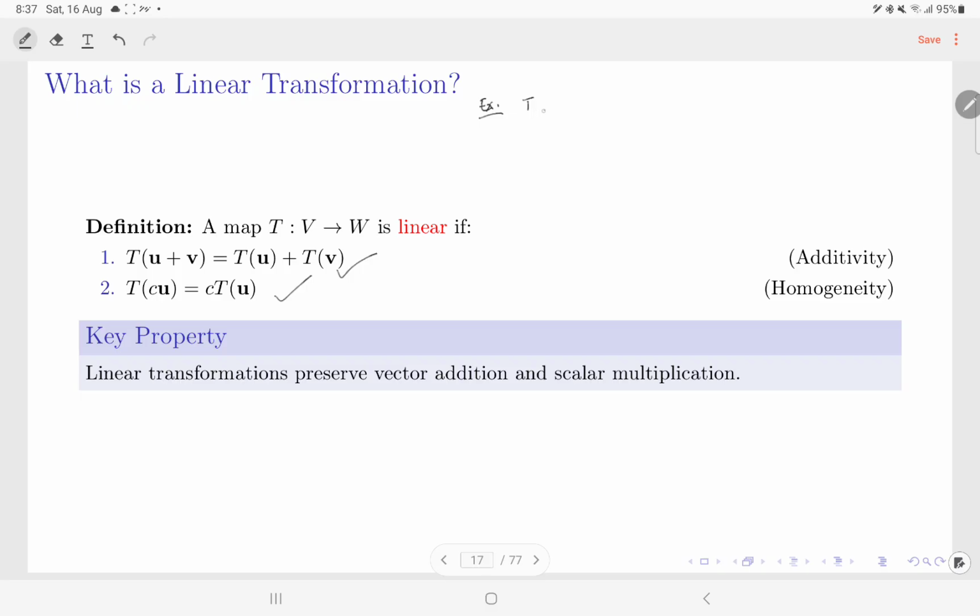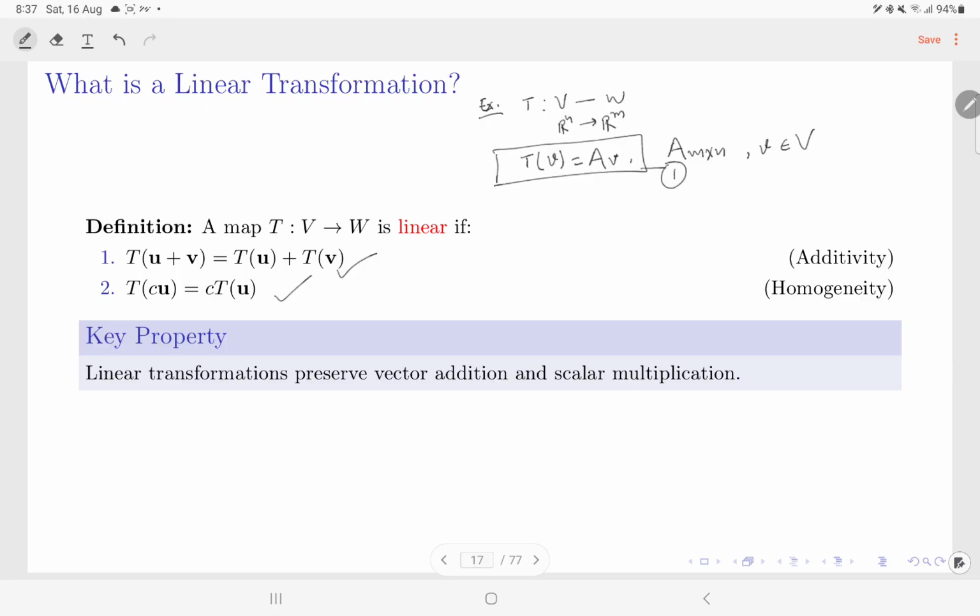Let's say T is given from V to W, where V is in Rn and W is in Rm. Then the transformation of vector V is given as A V, where the matrix A is M cross N and your vector V comes from vector space V.